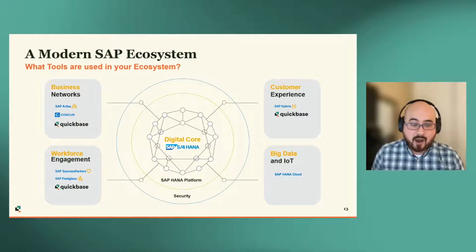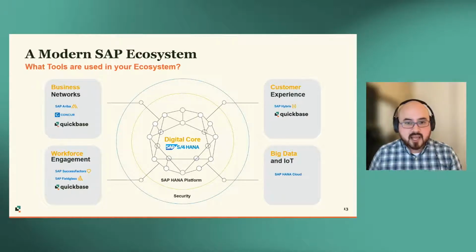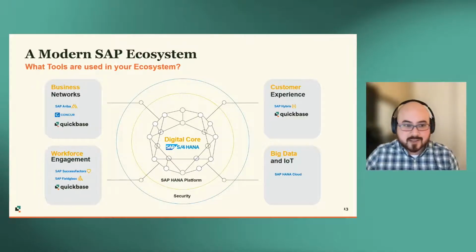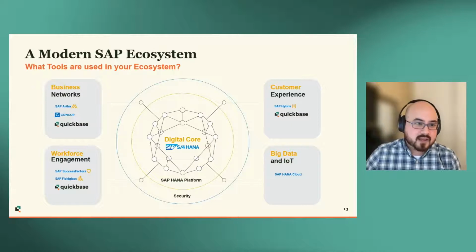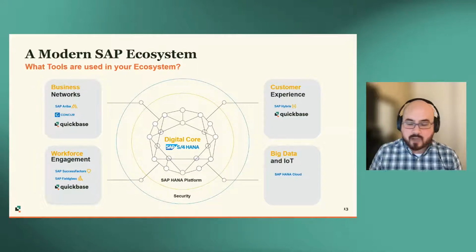We often come across, and we ourselves use, Concur, if you're tracking expenses. And then Quickbase is all over the ecosystem as well, filling gaps where you've got different processes in your supply chain, in legal management, or anything in between.